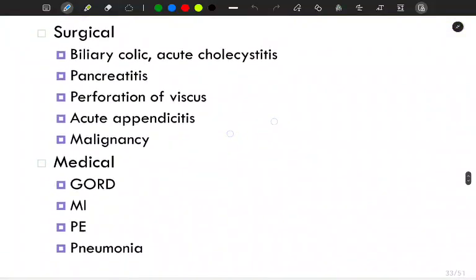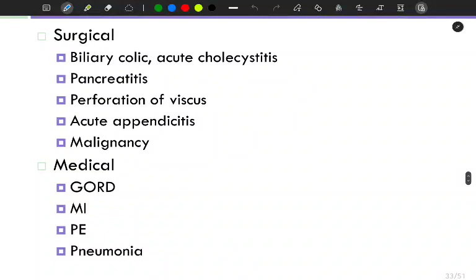Differential diagnosis of gastric pain: the gastric pain is the presentation, sometimes with right upper quadrant pain. Biliary colic, acute cholecystitis, pancreatitis, perforated viscus due to penetration and perforation of the ulcer, acute appendicitis, malignancy, gastroesophageal reflux, MI, and pneumonia. MI, especially inferior MI, can present with gastric pain, and basal pneumonia as well.